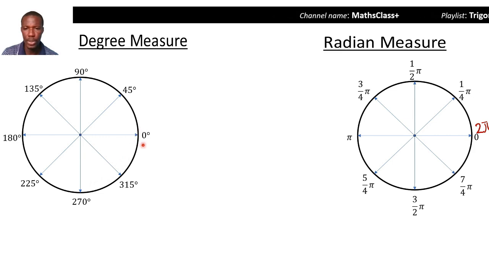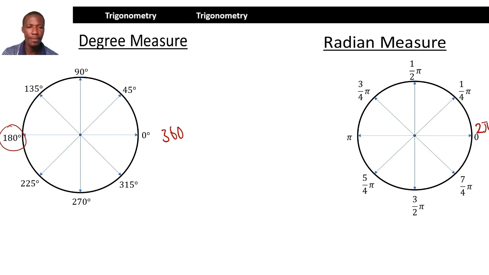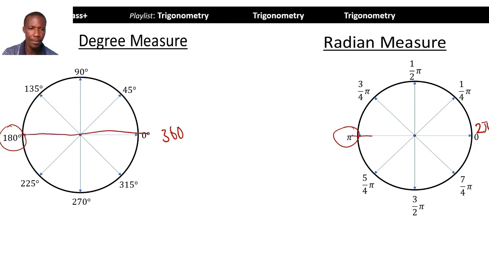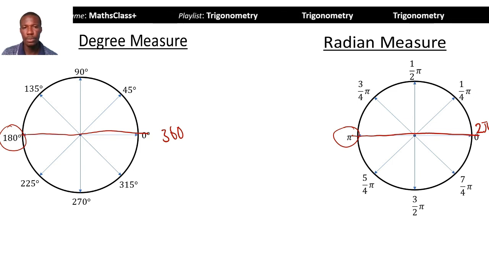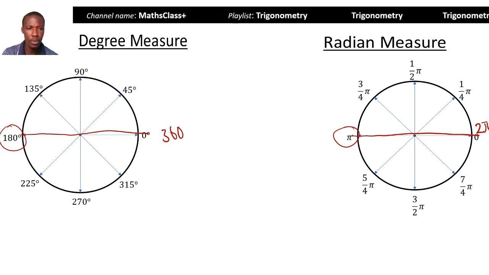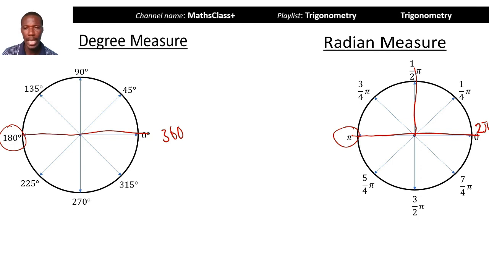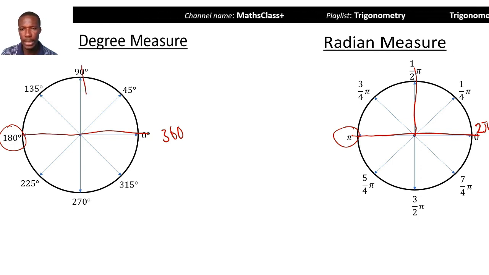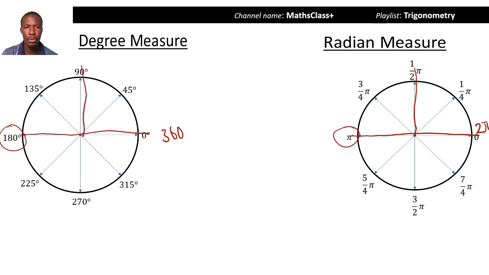Once we have made a complete revolution, you have 360 degrees. Now when I have 360, I get 180, and when I have 2 pi, I get pi. So that's it: half of 360, half of 2 pi. Now, if I have pi, what will I get? I'll get half pi. If I have 180, what will I get? I'll get 90 degrees. So let me do the conversion to see whether they are actually true.